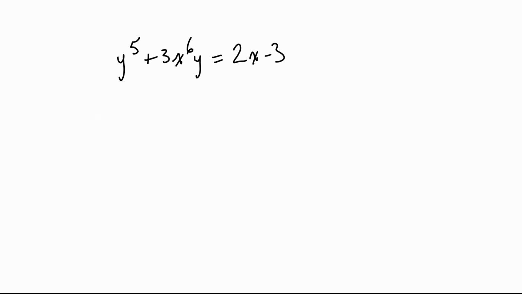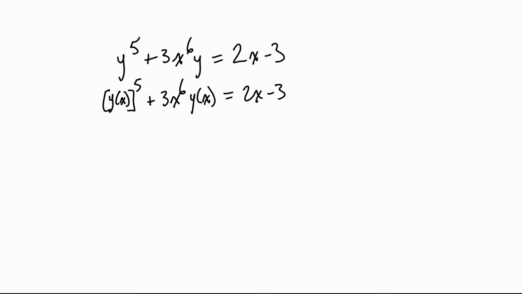So if this seems odd to you, I'm going to do a little brain trick that I use to make implicit differentiation make more sense: I'm going to rewrite this with y as a function of x. All my y's are y of x now, so y of x to the 5th plus 3x to the 6th times y of x is equal to 2x minus 3. It just reinforces that y is a function of x.